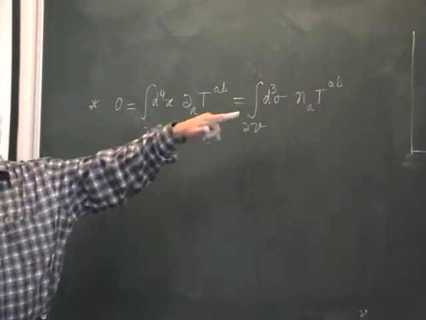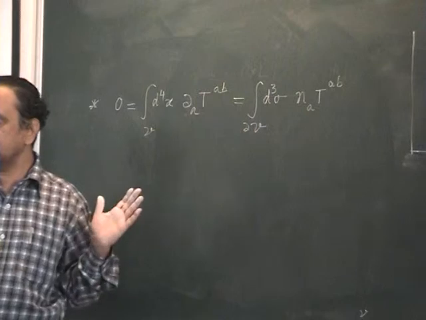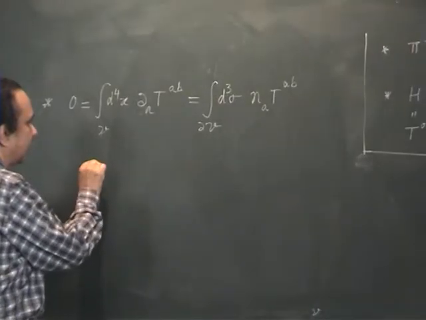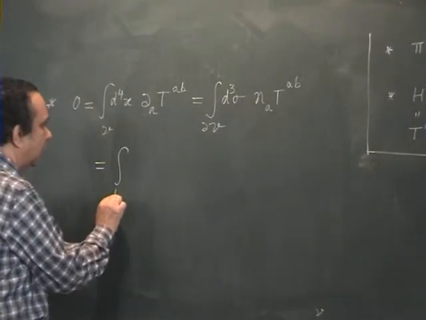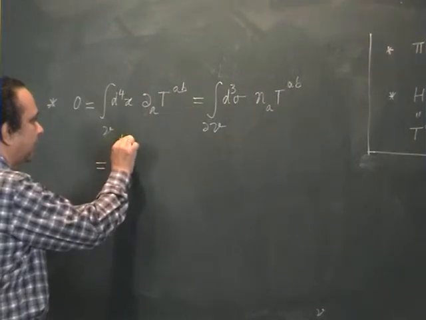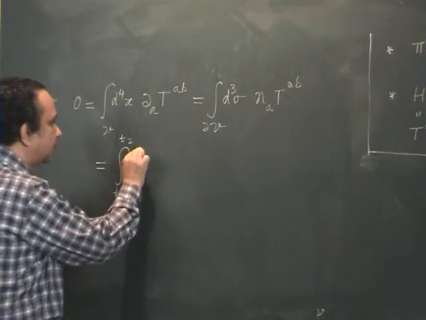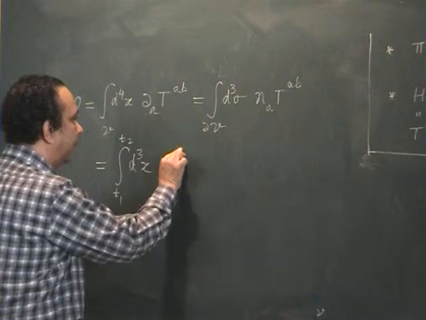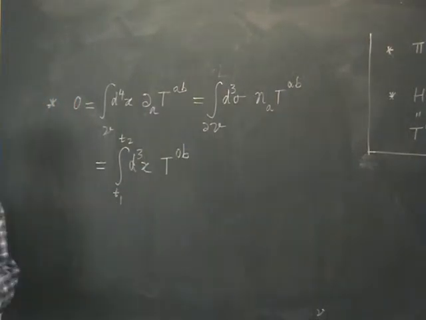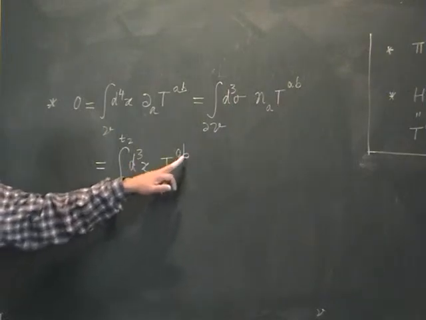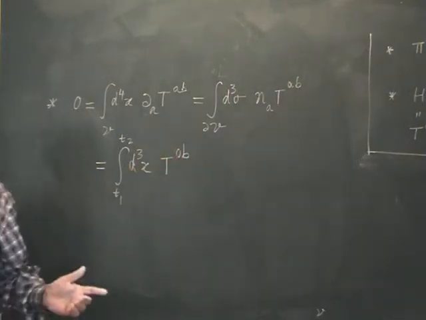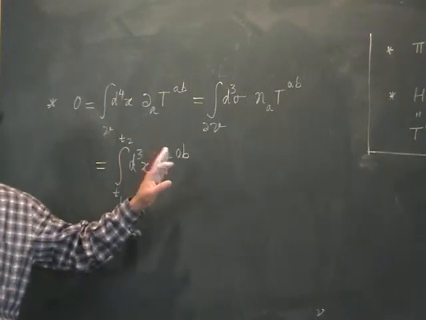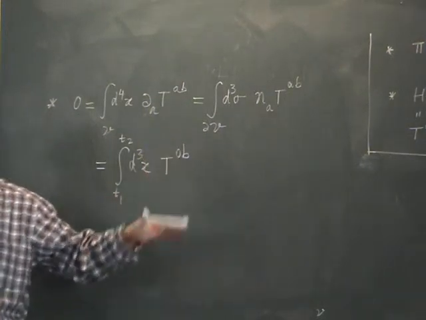Now we again use the same kind of boundary structure. Assume that things are all going to vanish at spatial infinity. Then the only contribution I am going to get out of this is an integral again over T1 and T2, one subtracted from the other, of d³x of T^0b. So the integral over d³x of T^0b is like the 4-momentum. Remember, b is a 4-dimensional index. If b is 0, it is an integral over d³x of T^00, that would have given you the energy.